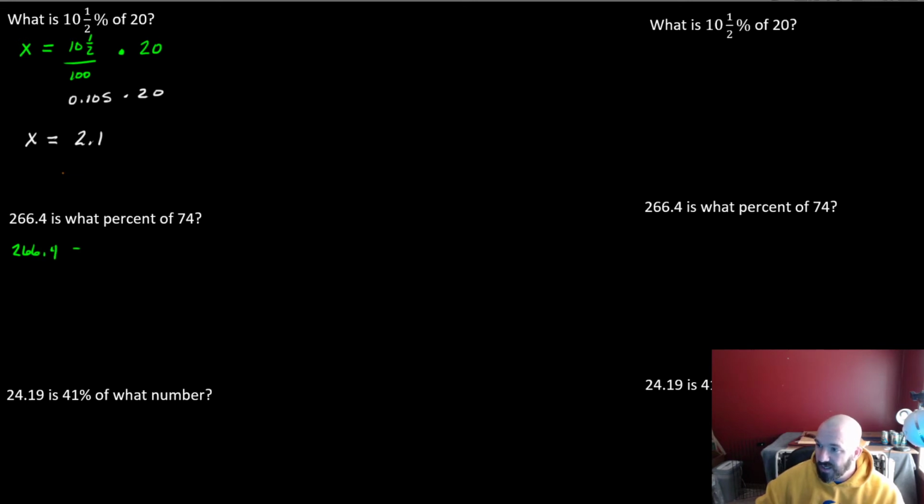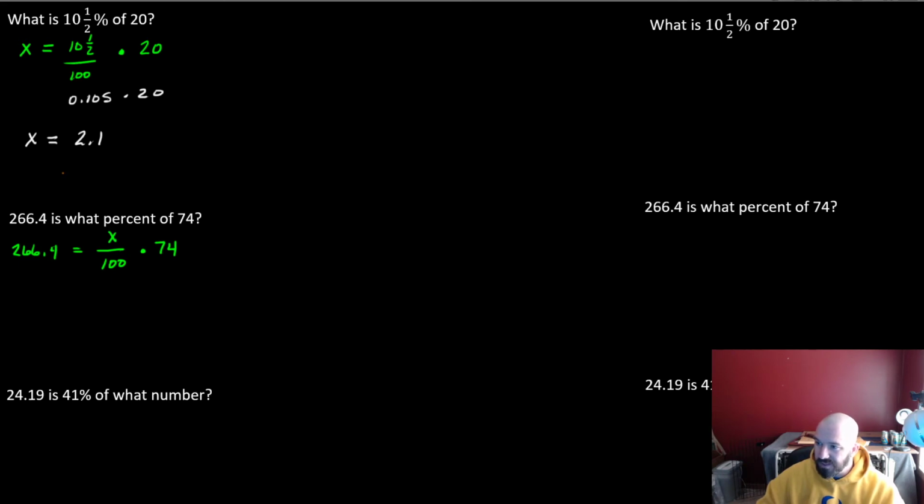266.4 is what percent of 74? This is why I like having the percent over 100, because it's going to tell us where to put everything. How you want to go about doing this is entirely up to you.